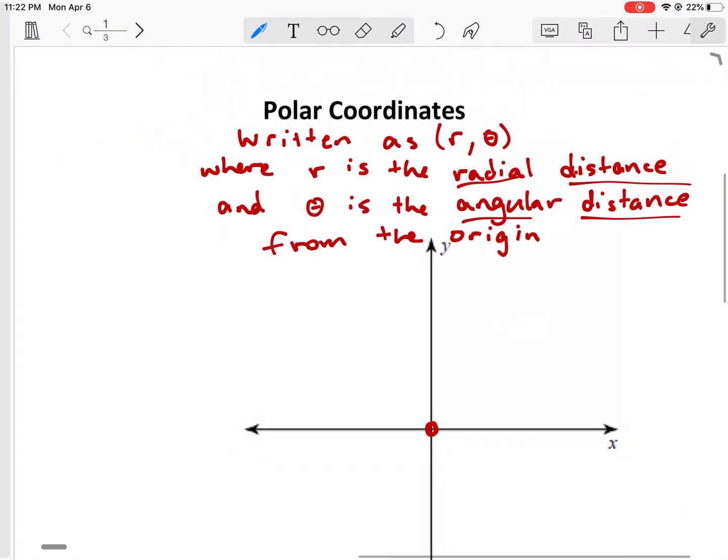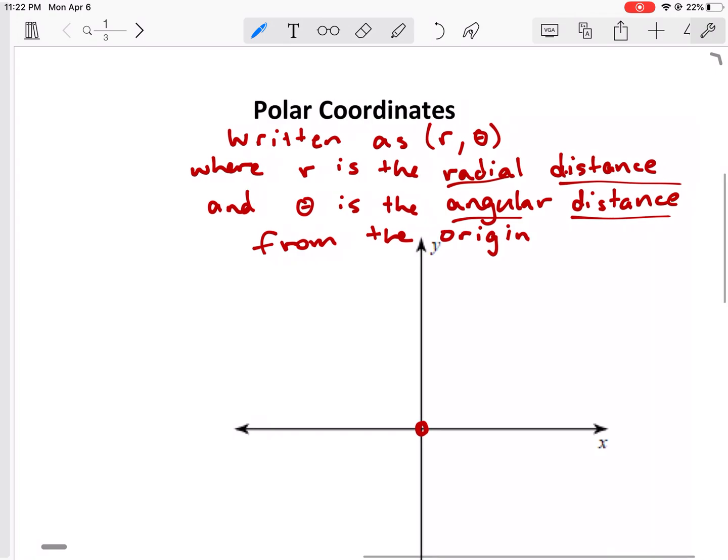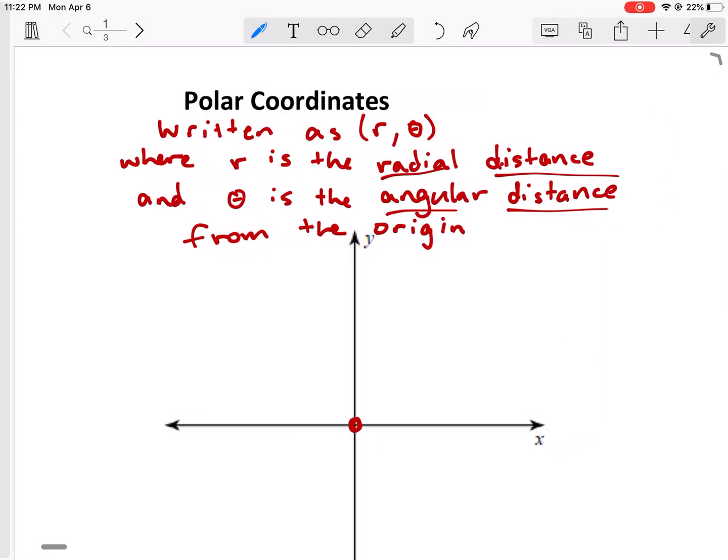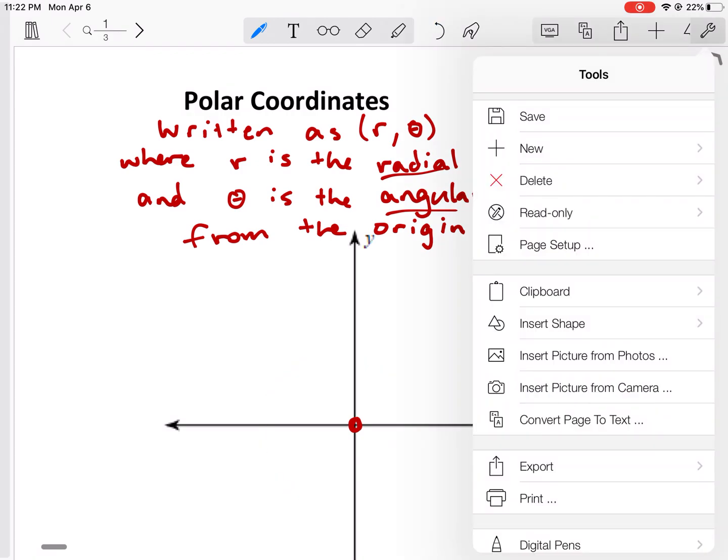All right, so what does this look like? Imagine if we're looking down at the Earth from above, essentially. We're going to start to form circles. So if I were to sketch a circle here, I want to make this a better circle, so I'll insert it.